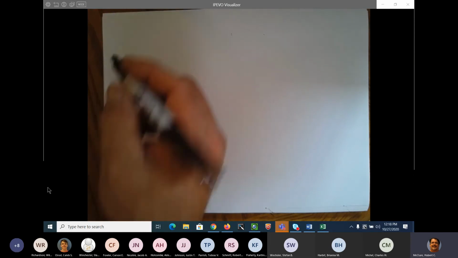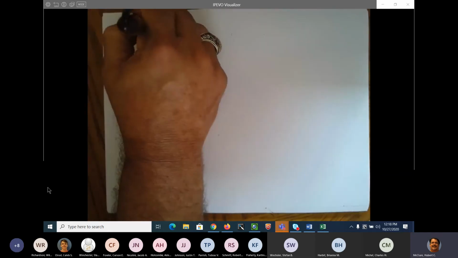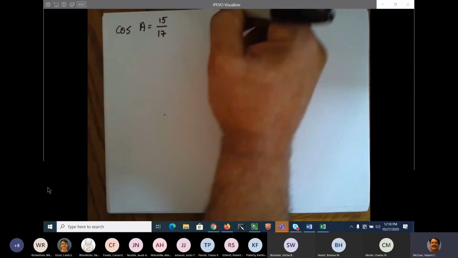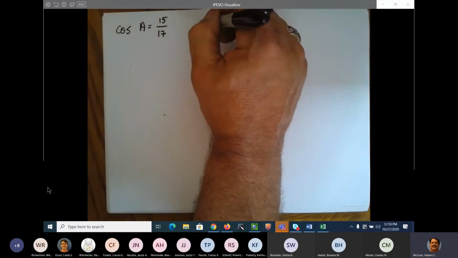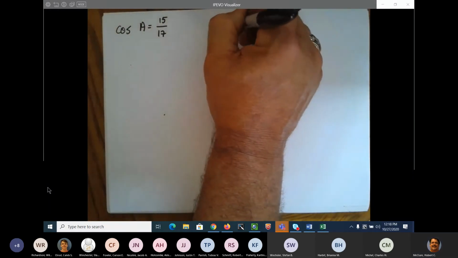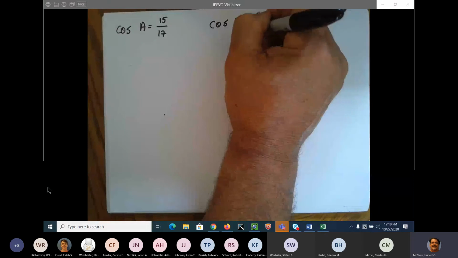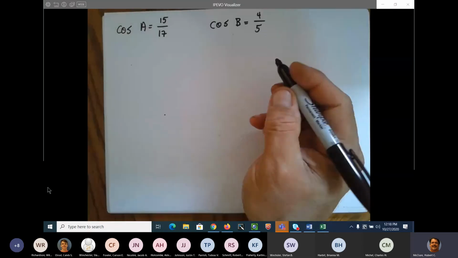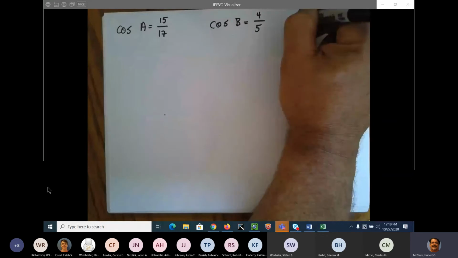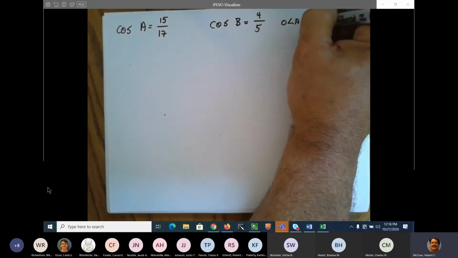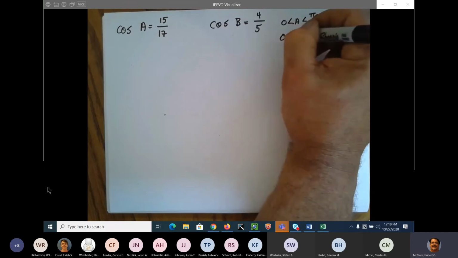And they give you this. They give you cosine of A is equal to 15 over 17. They say the cosine of B is equal to 4 over 5. And they tell you that A is in the first quadrant and B is in the first quadrant.